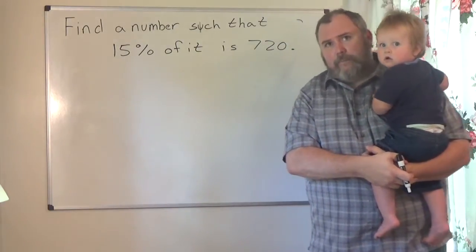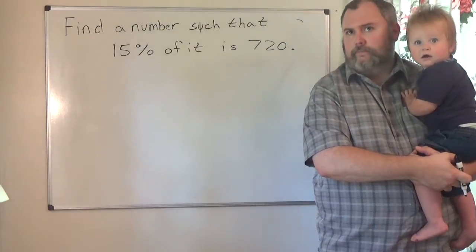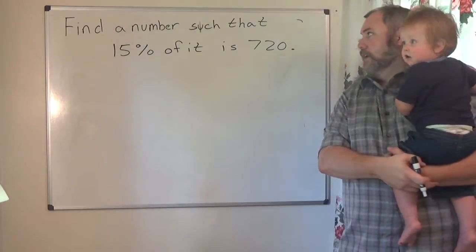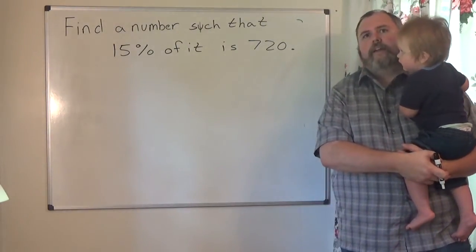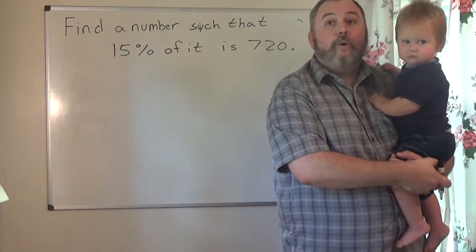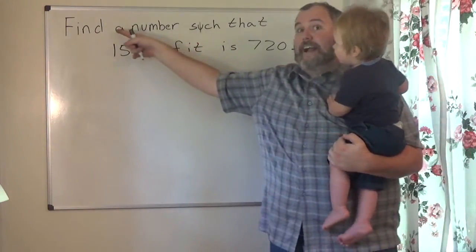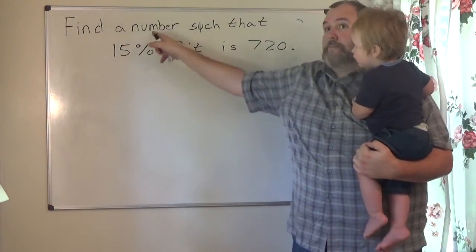It says, find a number such that 15% of it, what's it? All right, is 720. Now, it says of it. Well, it is this stuff up here. It says find a number, that it represents the number.